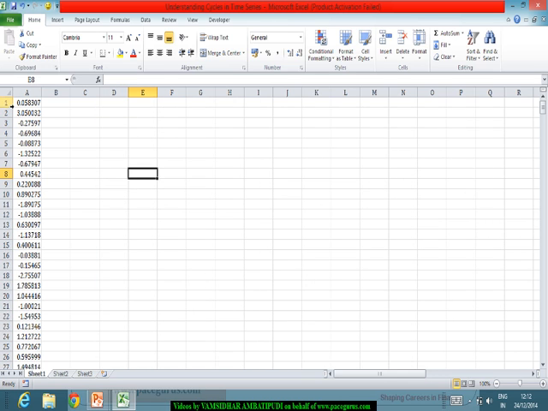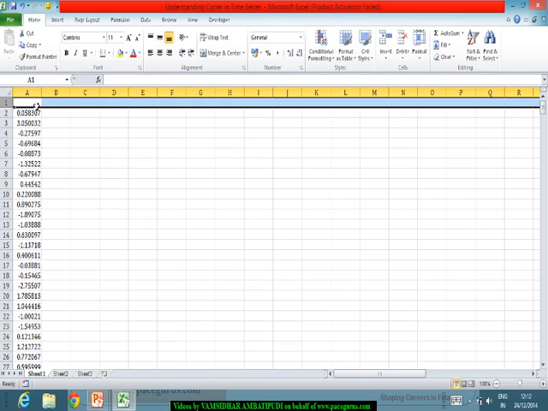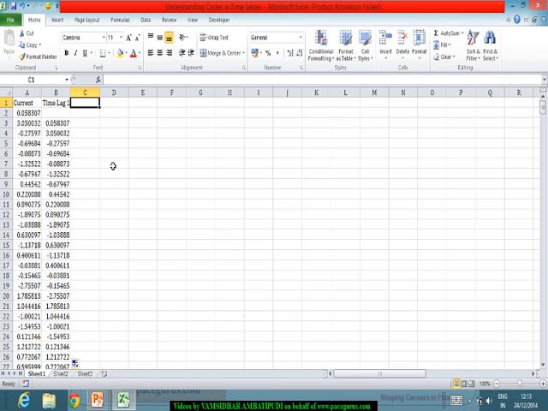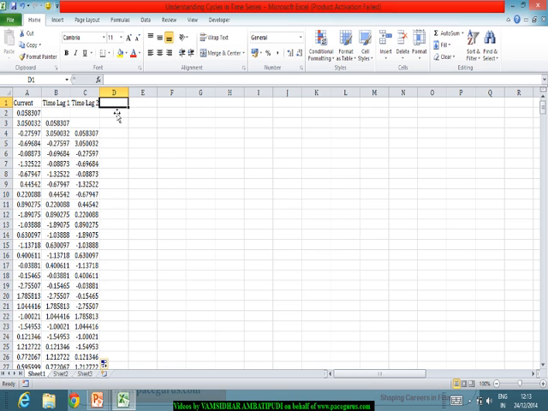Let's say, this is current. Then I say time lag 1. So for time lag 1, I'll have this value as this and it proceeds. Then I take time lag 2. From here I start this value as this and I proceed.